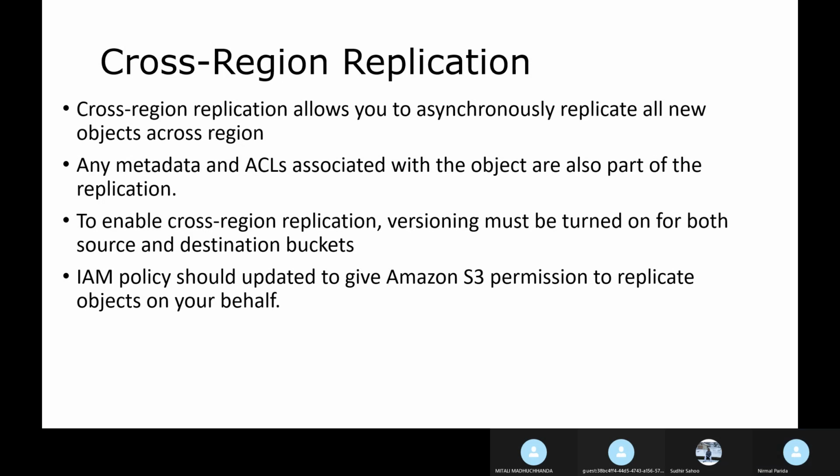But you can use this cross region replication, so that whatever object is uploaded in the source bucket will automatically be copied to the destination bucket by AWS. The replication will happen from AWS, and for that you have to enable your versioning, and also provide proper permission to your S3 bucket, so that you can replicate those data to the destination bucket.